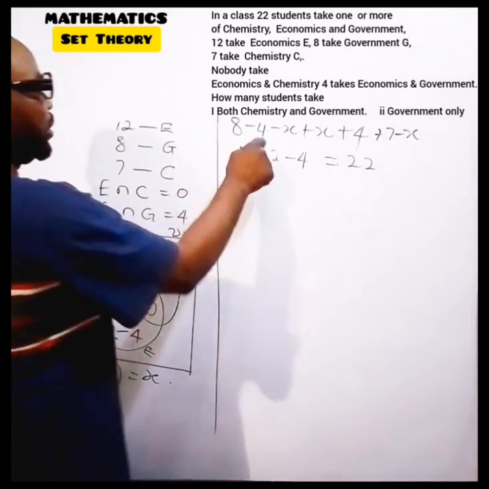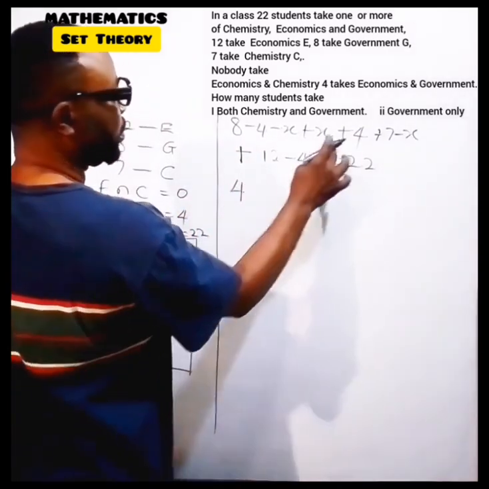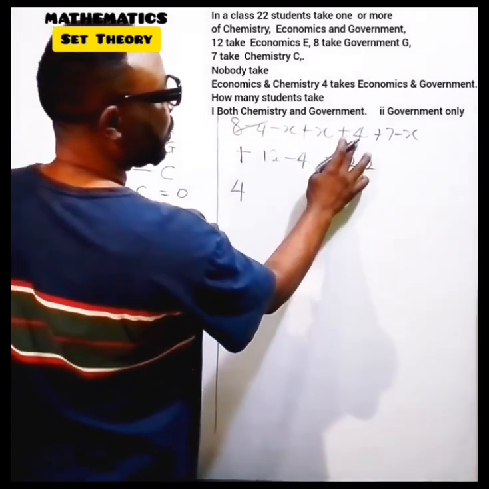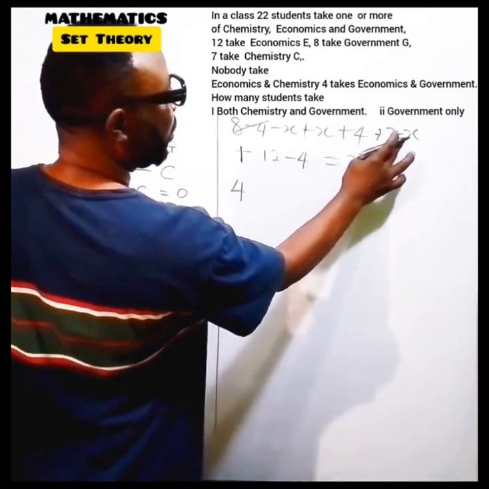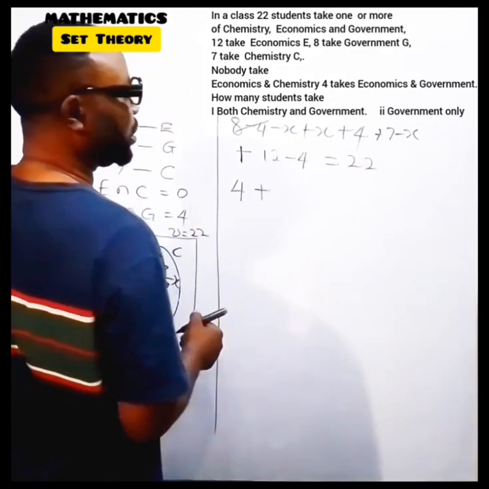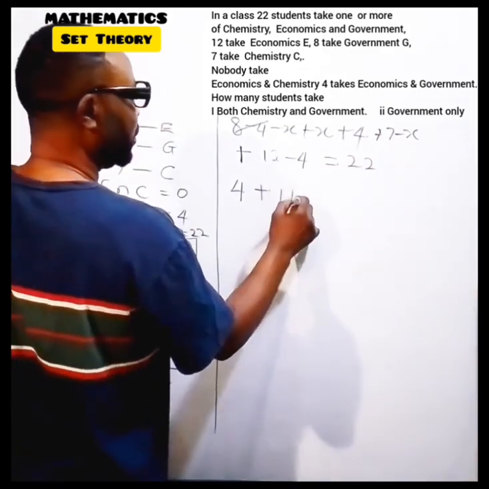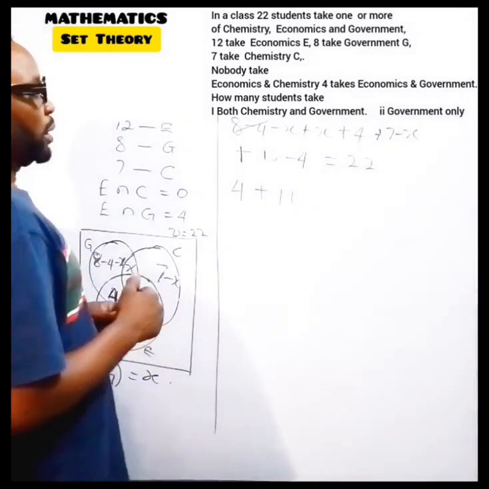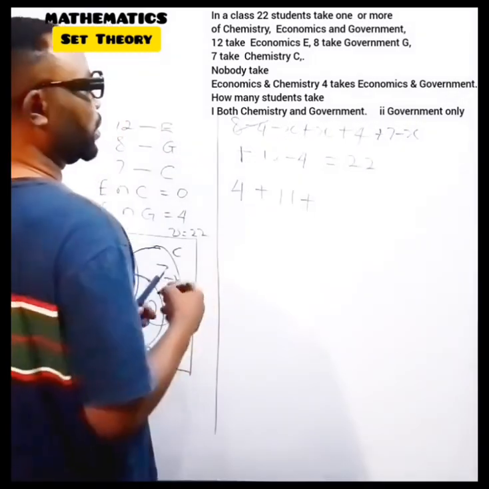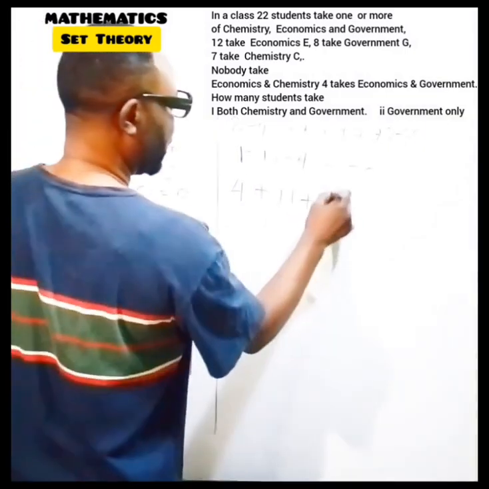So 8 minus 4 will be equal to 4. Then 4 plus 7 is equal to 11. Then 12 minus 4 is 8.